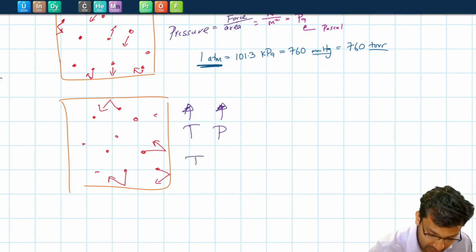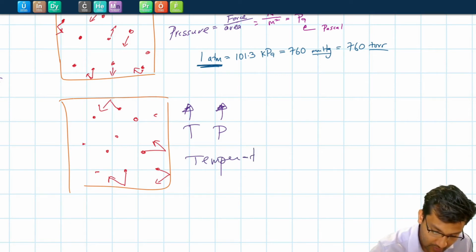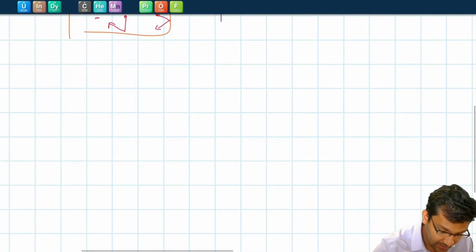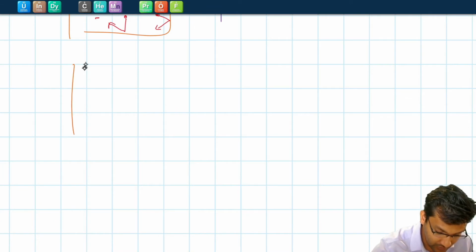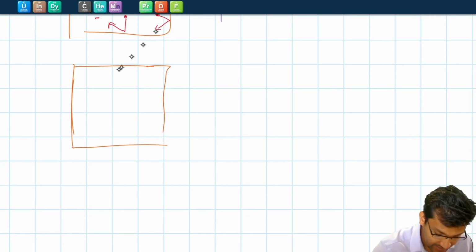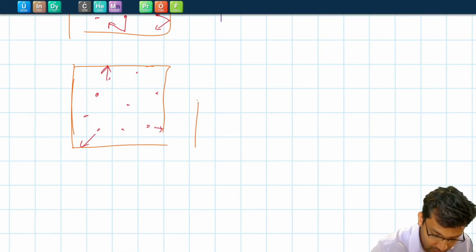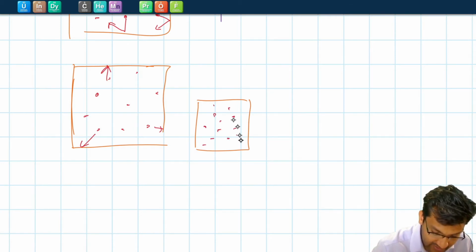So that's for temperature. Let's examine the same phenomenon now with volume. If we have a volume of gas, the molecules are zipping around, hitting the walls of the container, as we've discussed. What happens if you make that volume smaller? Now, all of those same gas molecules are in a tighter space.